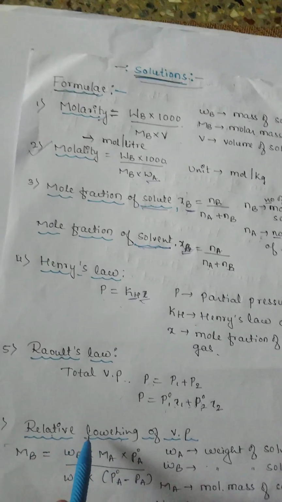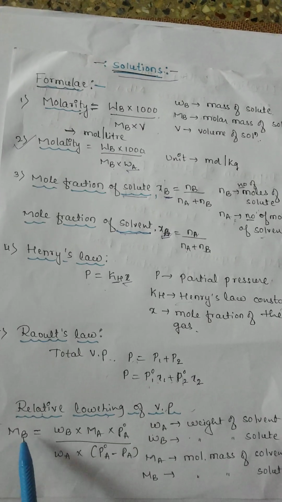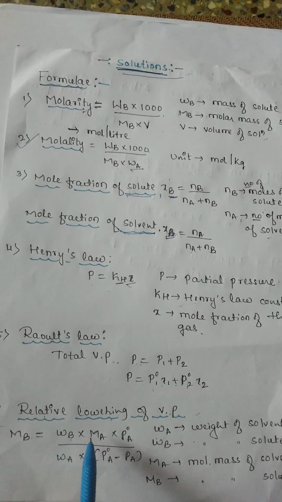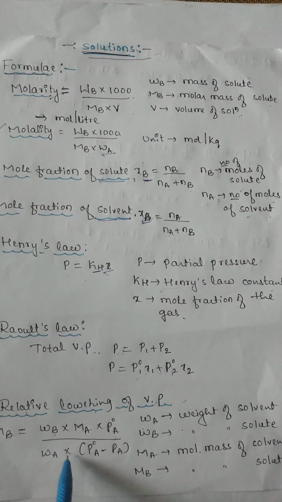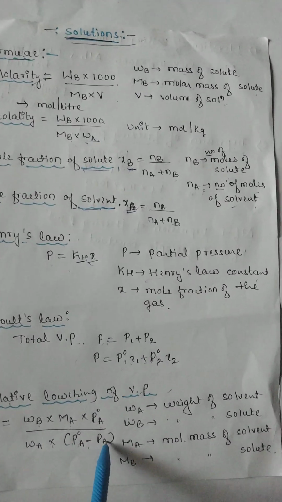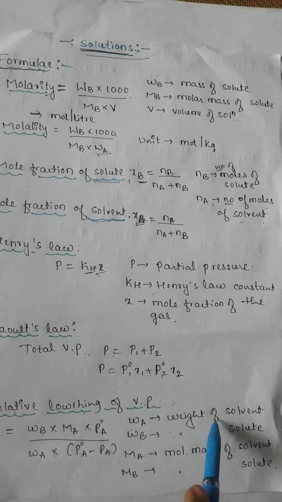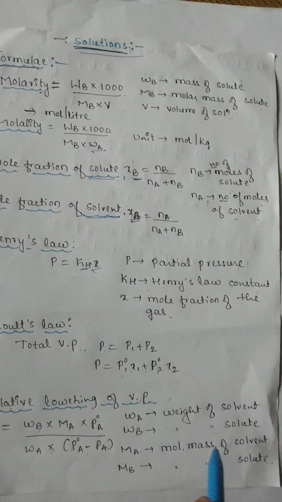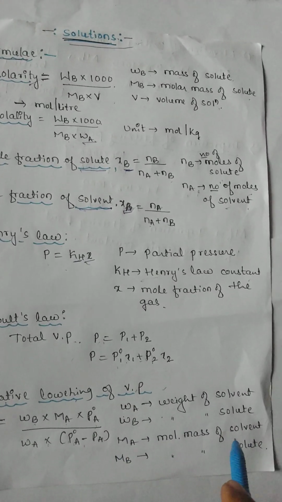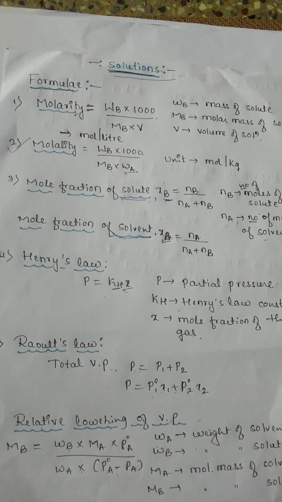And the next formula is relative lowering of vapor pressure. Here MB is equal to WB into MA into P0A divided by WA into P0A minus PA. Here already we know that WA is the weight of solvent, WB is the weight of solute, and MA is the molecular mass of the solvent and MB is that of the solute.